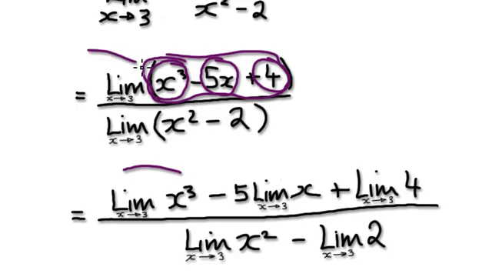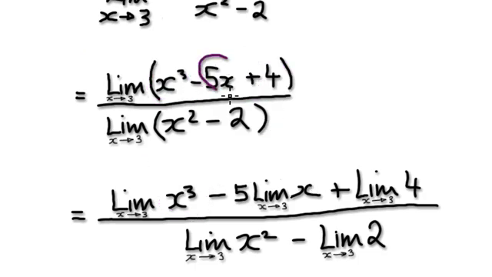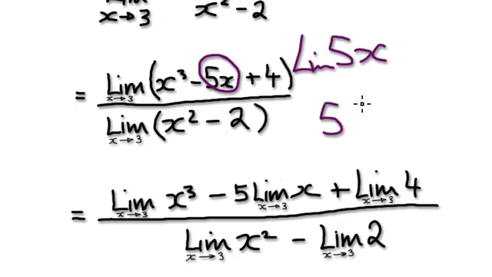So rather than finding the limit of this complicated bubble, just concentrate on finding the limit of this, and then this bit, 5x. Whenever you have this, if you're trying to find the limit of this, then this is the same as 5 times the limit of x. That's why you're able to move the 5 out.